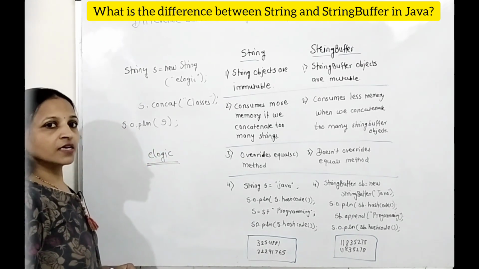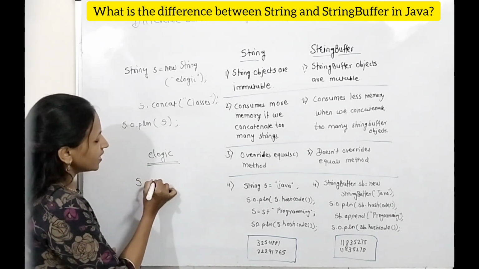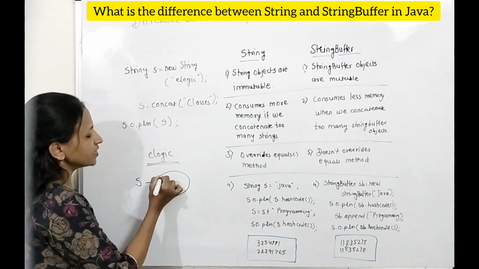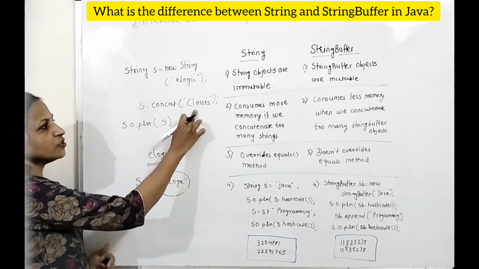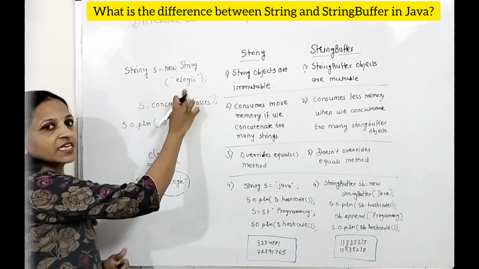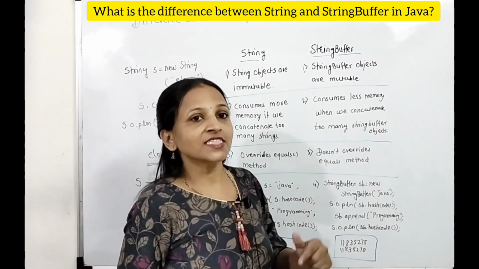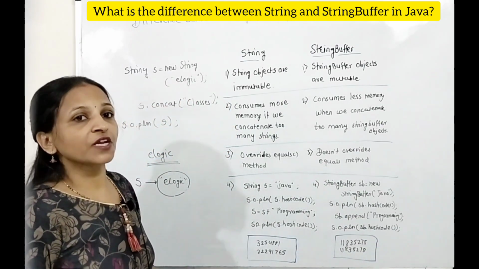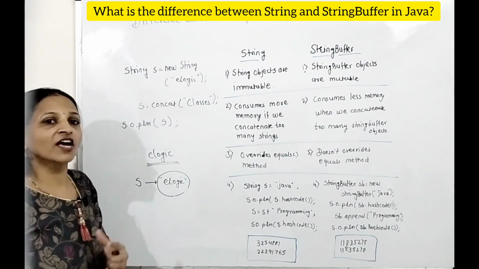Why? See the reason. Here I have created string object s, and now it is pointing to the string eLogic. This is the string object. And suppose you want to perform any modification in this, that is not allowed, because string objects are immutable in nature. Immutability means non-changeable behavior.